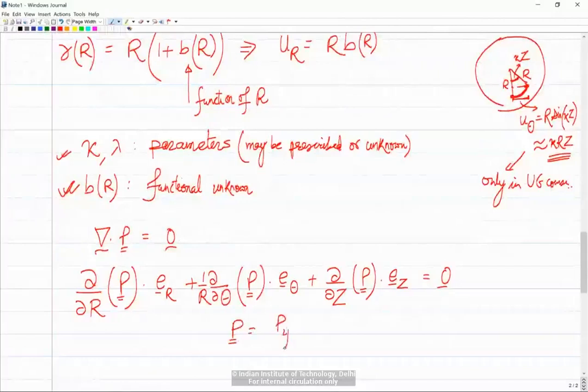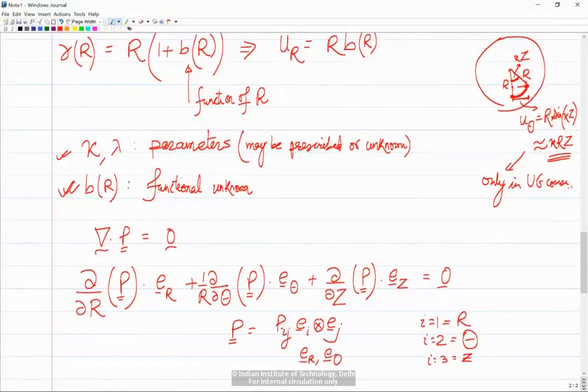So you can write as Pij EI tensor product EJ, but I equal to 1 is big R, I equal to 2 means theta, and I equal to 3 means Z. Okay, so the basis, for example, E big R and E big theta, they are also functions of theta. So therefore, you'll also have to take their derivatives. I think I did this sometime.